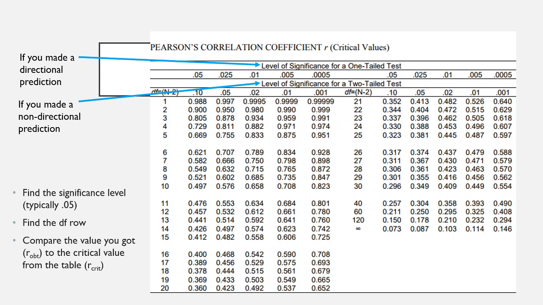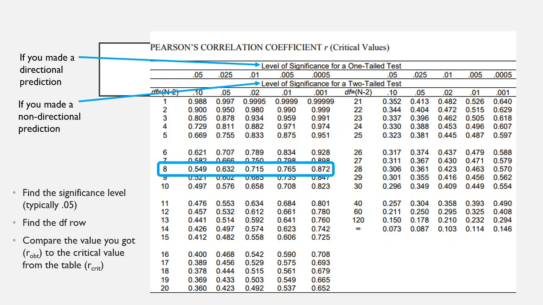The value that you find is your quote-unquote critical R value, which I always notate as R sub crit. Then, as I mentioned, you compare your obtained statistical analysis to your critical cutoff. If your obtained R value exceeds R critical, then you have a significant result.